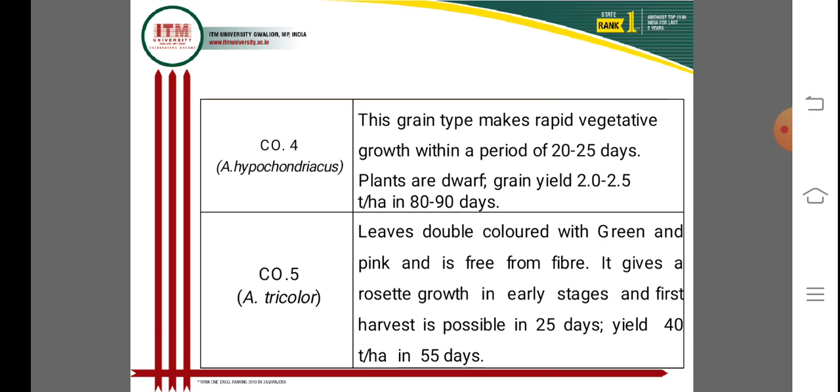The number of days to harvesting is important, along with the different colors and qualities.